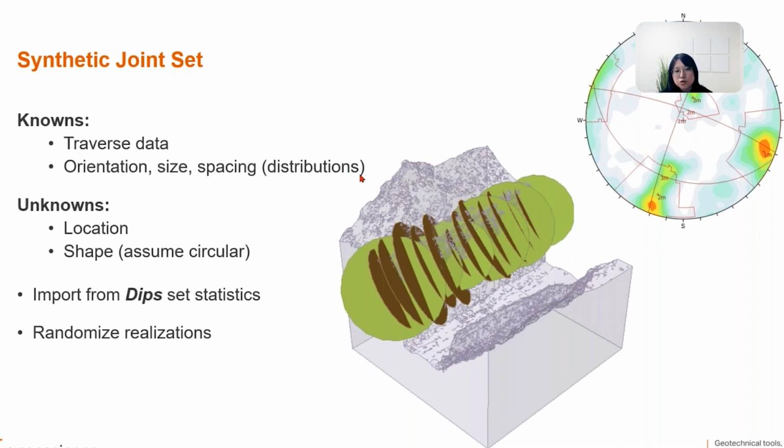And then these distributions can then be brought into RocSlope, where you would first define a traverse for the synthetic joints, and then the disks or the joints would be populated along the traverse according to the input distributions. And again, we're assuming that the joints are circular.